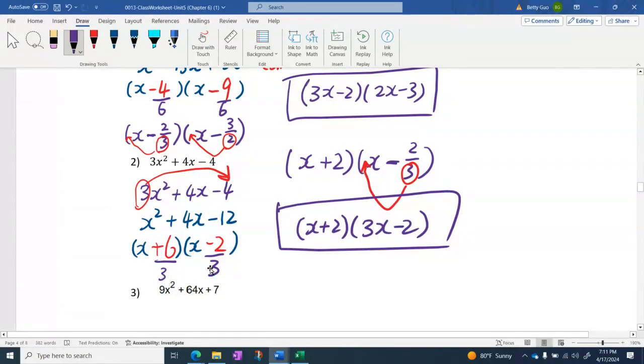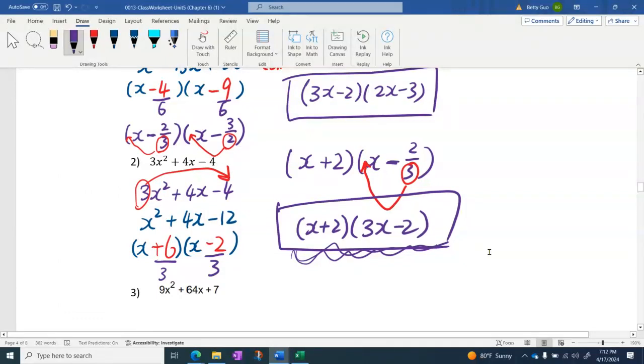And of course, please remember to simplify the two fractions. If after we simplify we still have denominators, we slide them back in front of x, and we have the final result. And you can always use the box method to multiply those two binomials to see if you have the original quadratic trinomial.